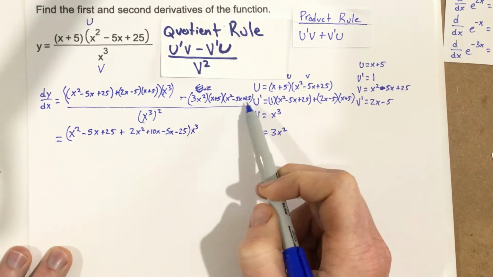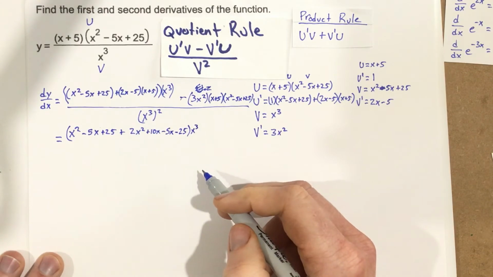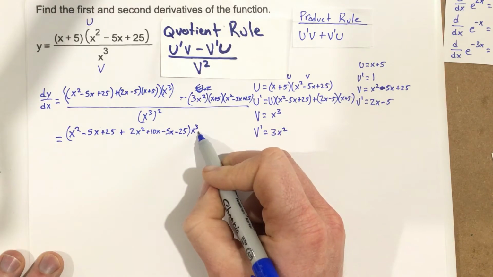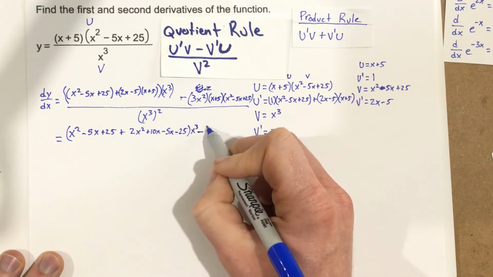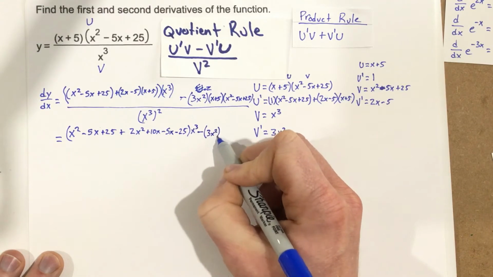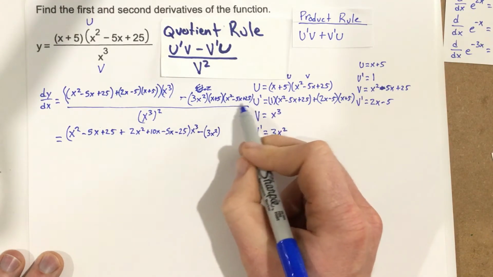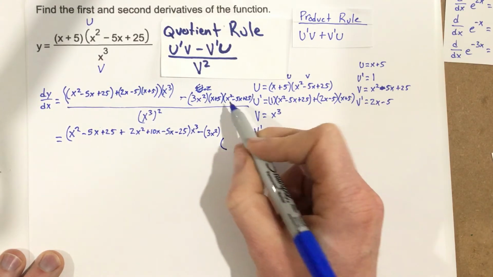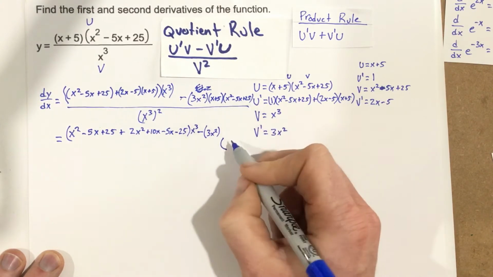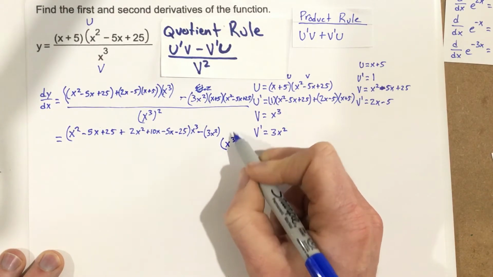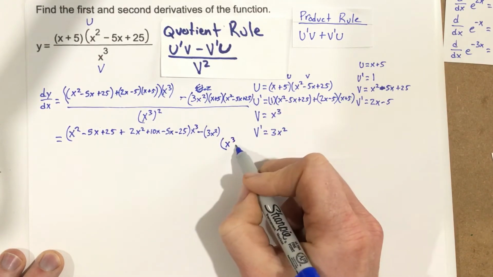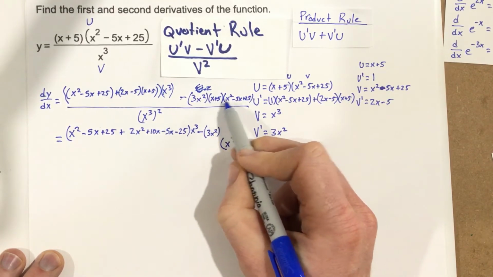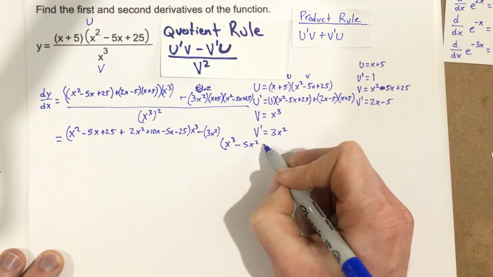On this side, we've got a lot to distribute as well. The first thing I'm going to distribute is this. We're going to write negative, and then I'll have 3x squared, and I'm going to distribute x plus 5 times each of these. I'm going to do that down here because I'm running out of room. So x times x squared, that's x cubed. x times negative 5x, that's negative 5x squared. x times 25, that's plus 25x.